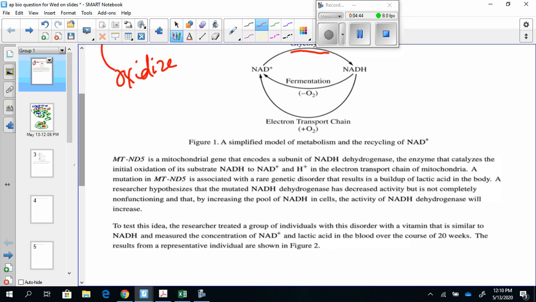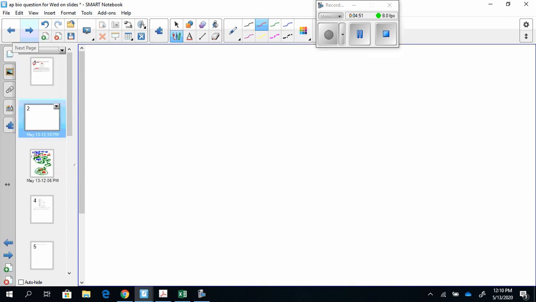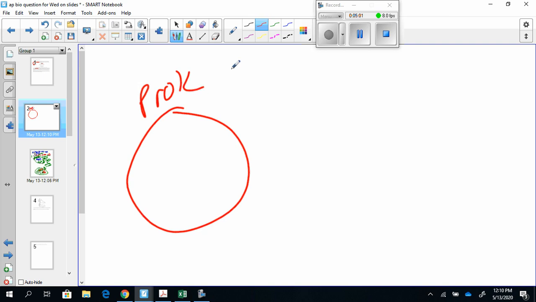MTND5 is a mitochondrial gene. Okay, mitochondrial gene, another new page. Let's talk about this for a little bit because this is the second time mitochondrial DNA has come up. So we're going to go way back to, here is a prokaryotic cell, and here is the cell that is a precursor to a mitochondria.